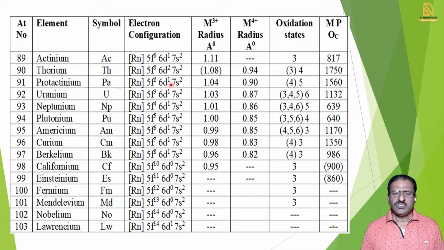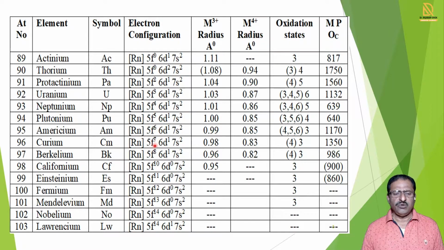Now again you see here in the 6d one electron continues, up to half-filled stability. Here one electron is filled in the 6d, and as the atomic number increases, electrons are successively filled in the 5f. We do not see the electronic configuration of all. You see here 2, 3, 4, 5, 6, 7.